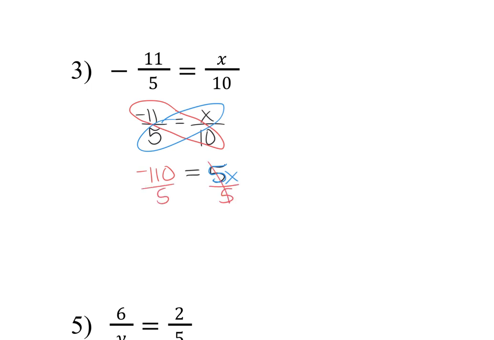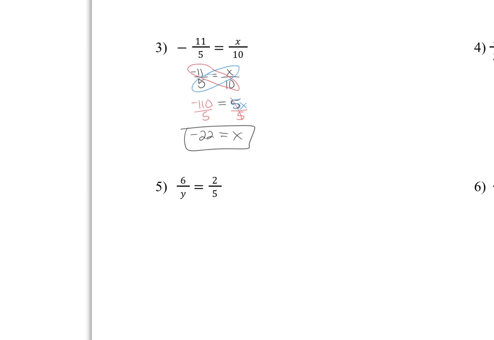Divide by 5. Purpose of dividing by 5 is to get 1x. That's our goal. So now I have 1x on the right side. What's negative 110 divided by 5? Negative 20 what? 2. Thank you. Negative 22. And again, if I were to plug that back in, negative 22 divided by 10 should be the same decimal as negative 11 divided by 5. Okay? So a quick way to check.